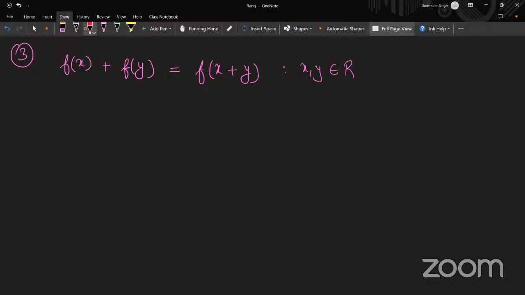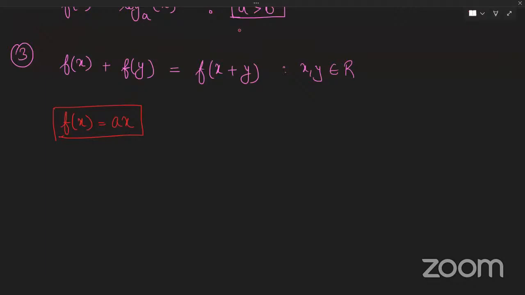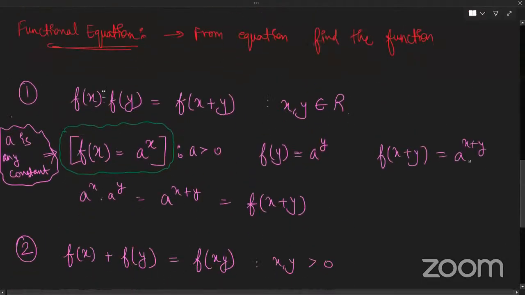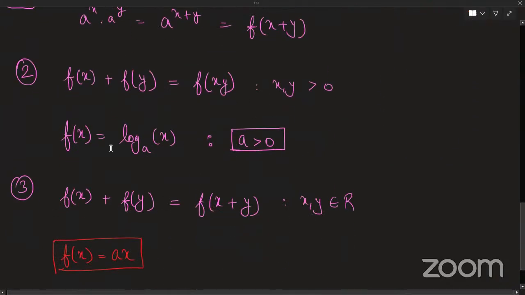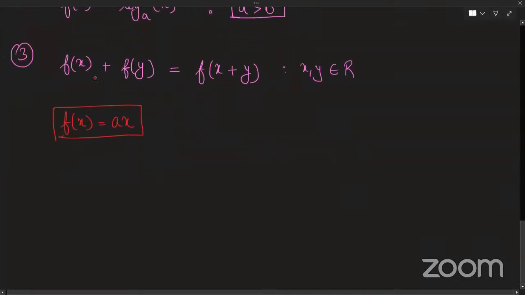Okay. So if you are not able to think, f(x) is equal to ax, linear curve. You can try it manually also. You have a^x, and similarly if you use this property in this curve, it will satisfy. Similarly, I have this thing. You try to put it here.